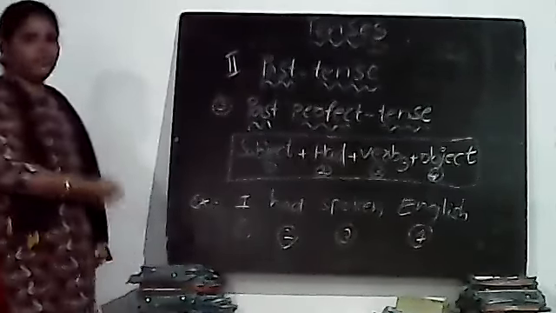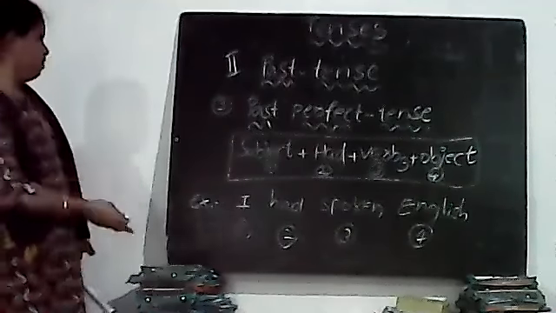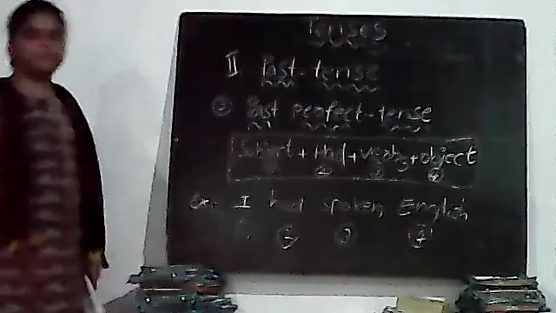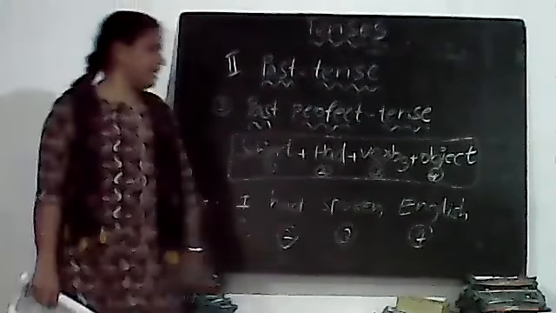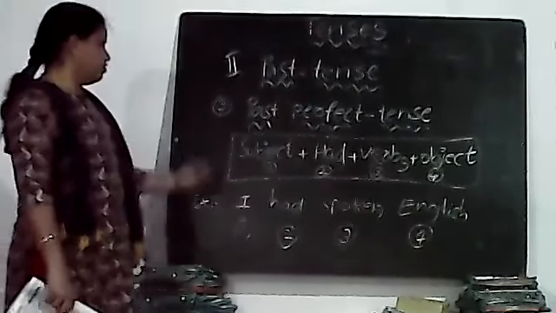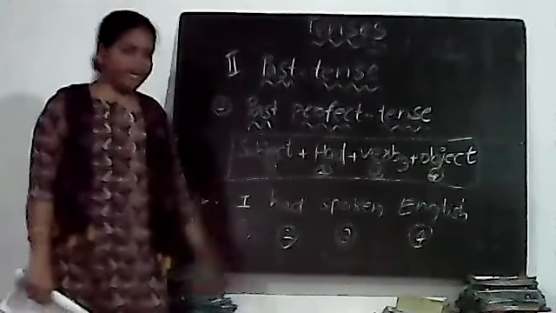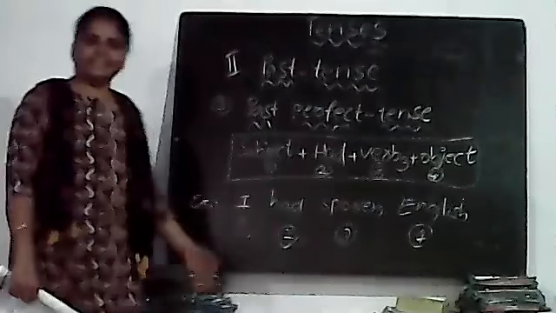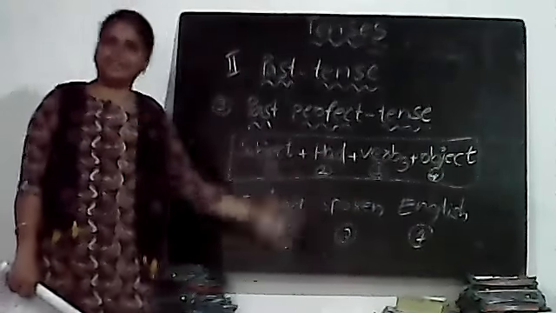So total 4 parts are there? Yes. So can we leave out any part? No. 4 parts are there in the structure. So we can form examples with 4 parts. I had spoken English. She had spoken English. He had spoken English. They had spoken English.